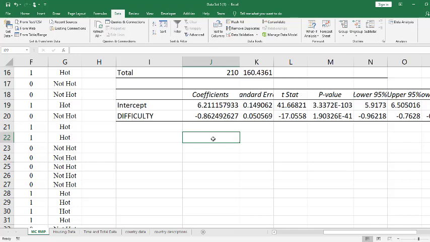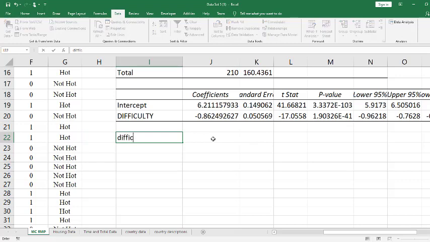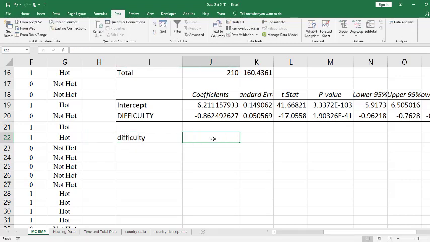What's also neat is that we can estimate how good a professor is based on this. So, for example, let's imagine someone had a difficulty of 3, a moderately difficult professor. Well, what would we expect their quality to be?